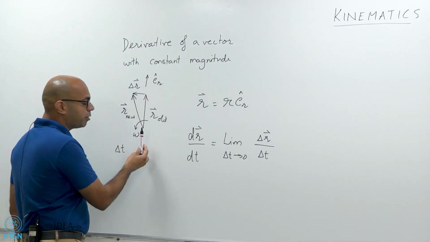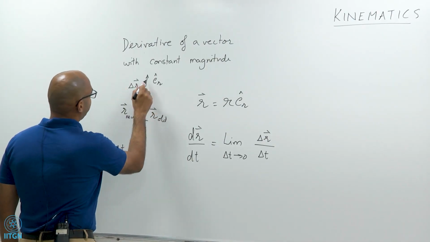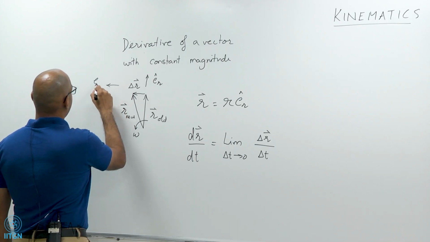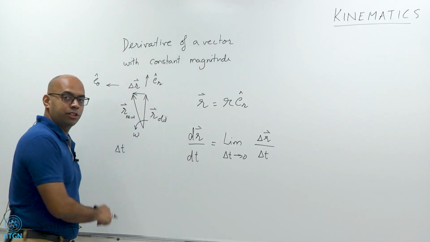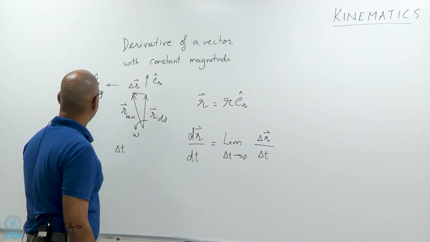It is a vector that is perpendicular to the original r. Now, if I set up another unit vector, let me just call it e_theta hat, which is perpendicular to e_r hat. I could have drawn it right here, but I have drawn it here.